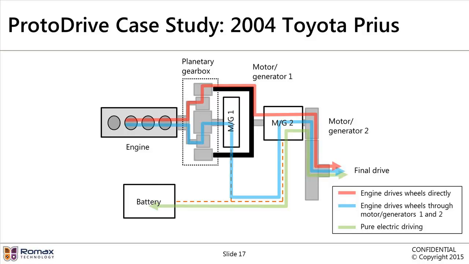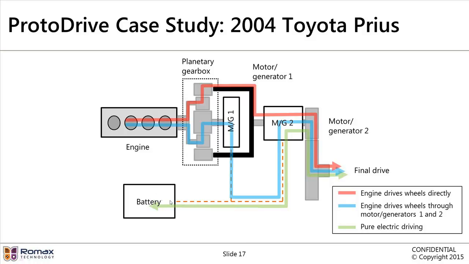This might seem like it's going a long way round, but the advantage is that it effectively decouples the engine speed from the wheel speed. Engines tend to have better efficiency when they're running at high speed, so with this arrangement you can have the wheels going at low speed and the engine going at high speed, which is more efficient overall.